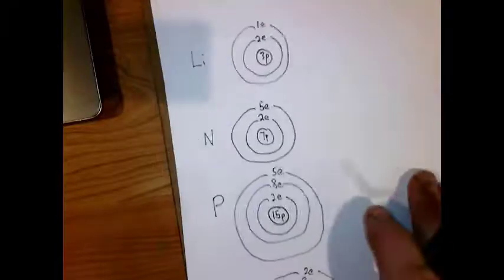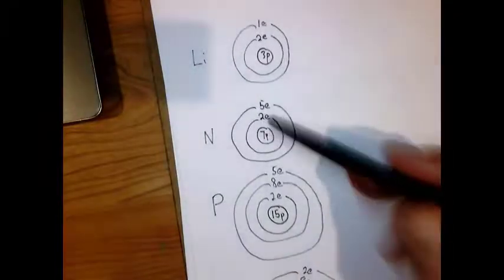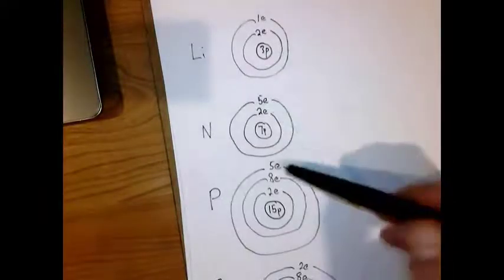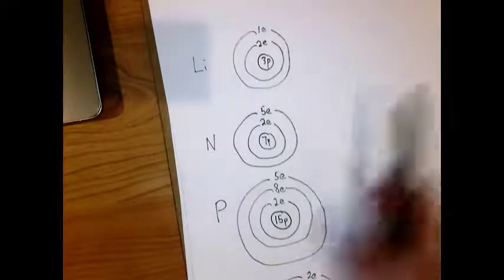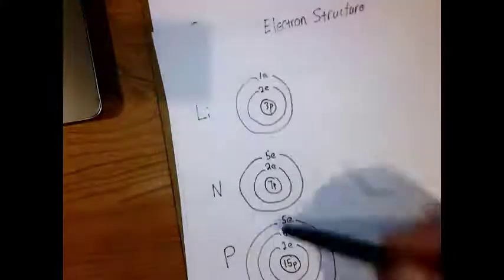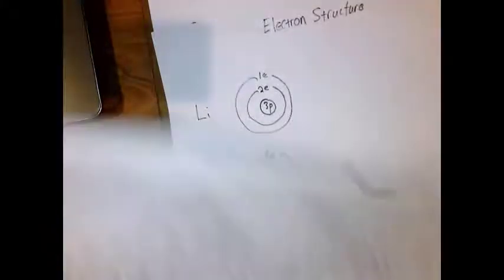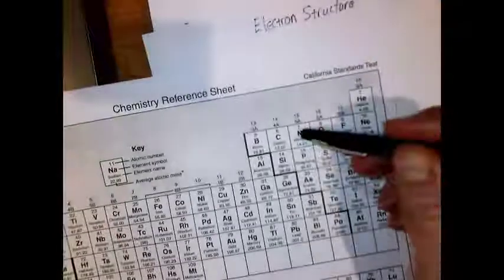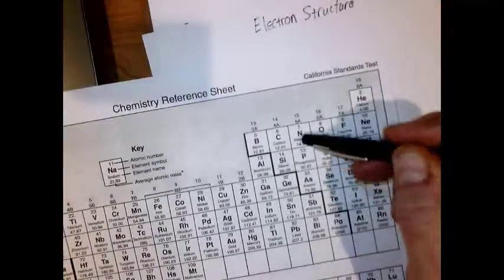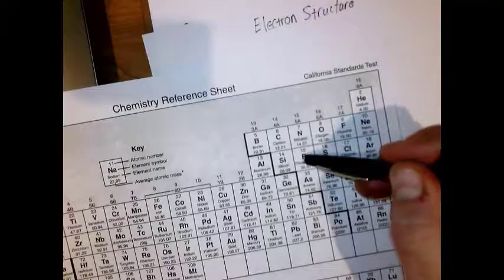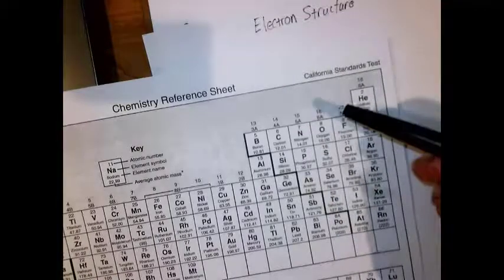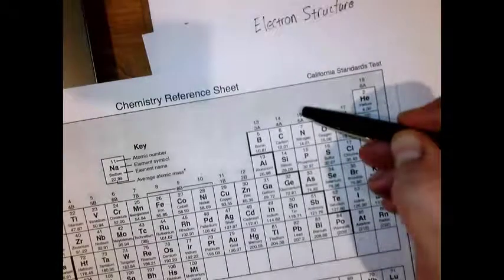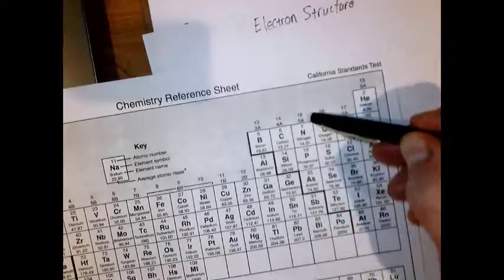So I wanted to point your attention. Nitrogen and phosphorus, you see, they both have 5 electrons in their outermost shell. And if you look at them on the periodic table, they're actually stacked on top of each other. And you'll also notice that they're in the 15th group, or 5A.